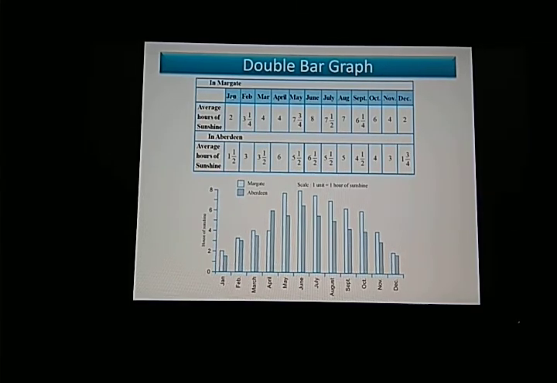Like for January and for February, there will be a gap between January and February, but the value for January in the case of Margaret and the value for Aberdeen in January will be attached together, as you can see. Clear? Then similarly you have to draw the bars, and here also you have to give the scale.